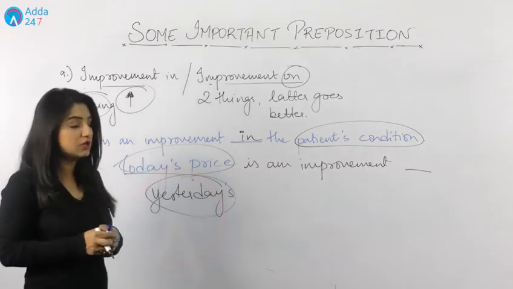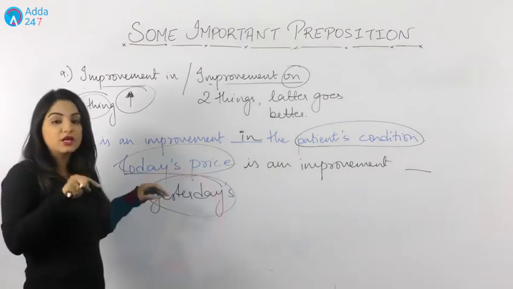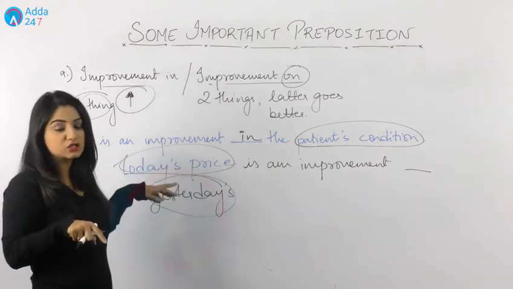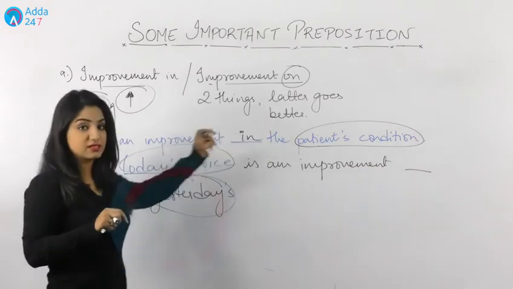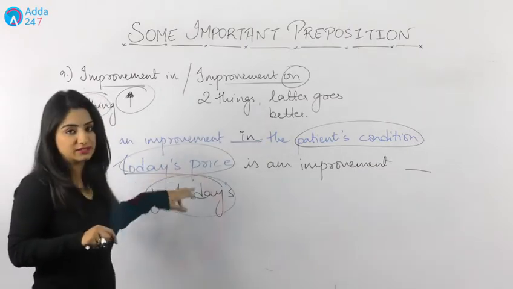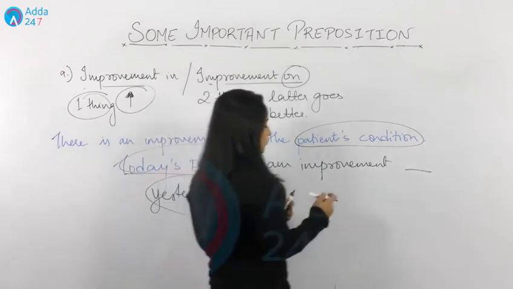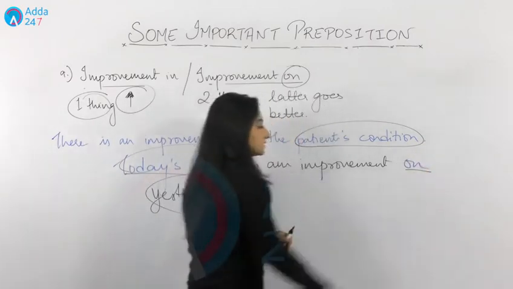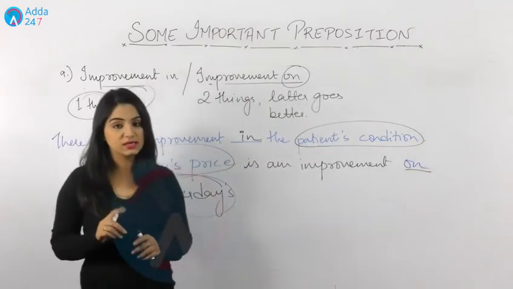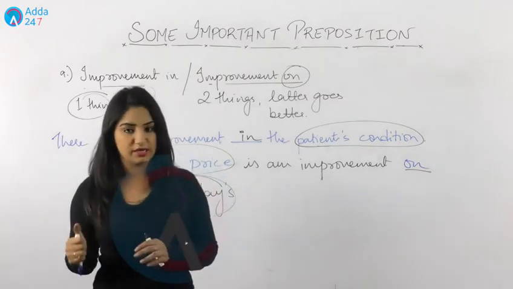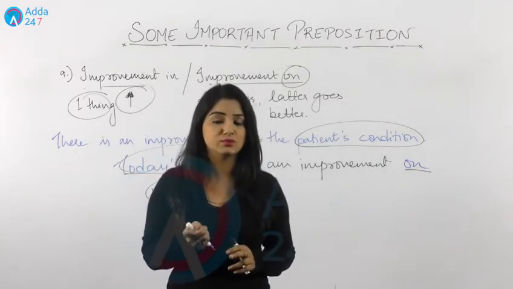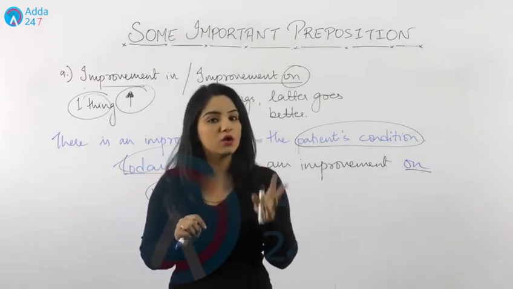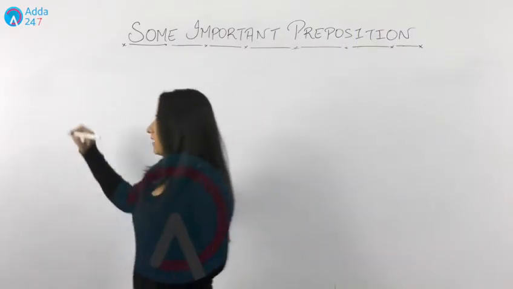Today comes after yesterday. That means the last one that we have is today. And the latter goes better. That means today's price is an improvement on yesterday's. When we have one single thing and it's improving, then we use improvement in. But if we have 2 different things and the latter one, the last one is improving, then we use improvement on.